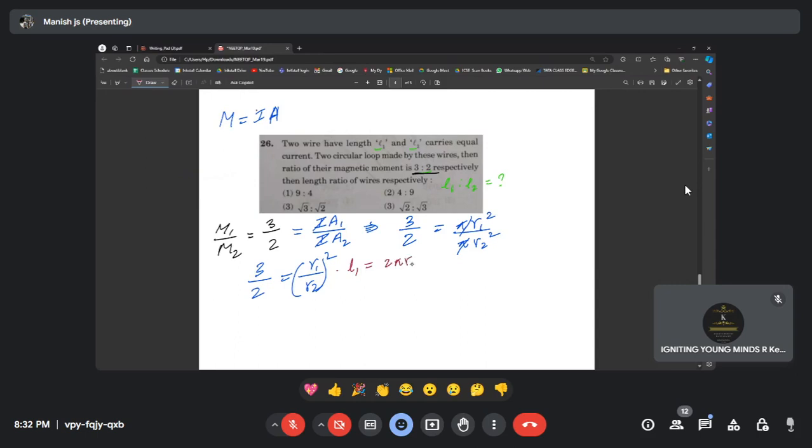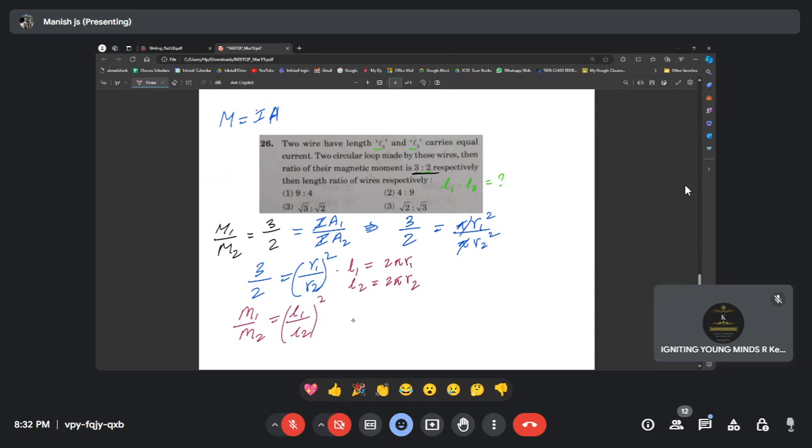So L1 is equal to 2 pi r1 and L2 is equal to 2 pi r2. Using this relation, I can go and substitute. You can see that length is directly proportional to the radius, right? So we can directly write M1 upon M2 equals L1 upon L2 the whole squared.